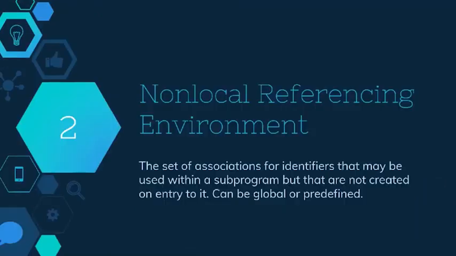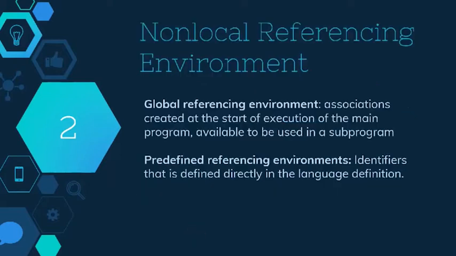Now for the non-local referencing environment, as I've said before, these are the variables that are declared outside of the function. These are the set of associations for identifiers that may be used within a subprogram but that are not created on entry to it. So it could be global or predefined.